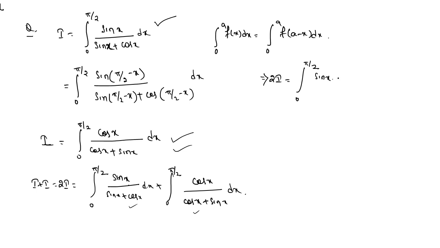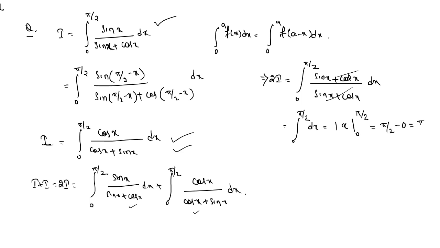So sin x plus cos x whole divide same sin x plus cos x dx. Ok, both cancel. So answer is 0 to pi by 2 only dx. So integration of dx is x. Ok, so lower limit is 0 and upper limit is pi by 2. So putting upper limit minus lower limit.